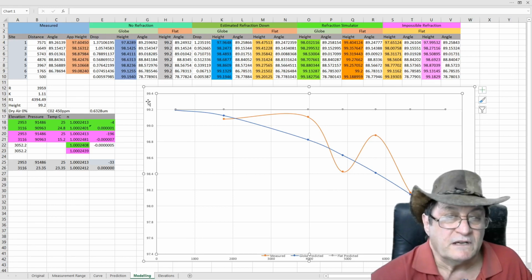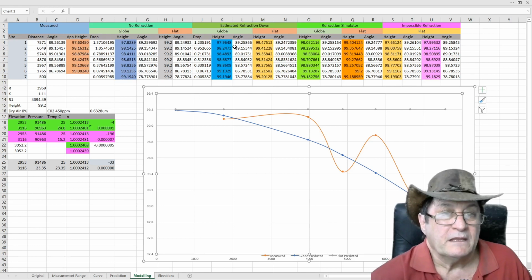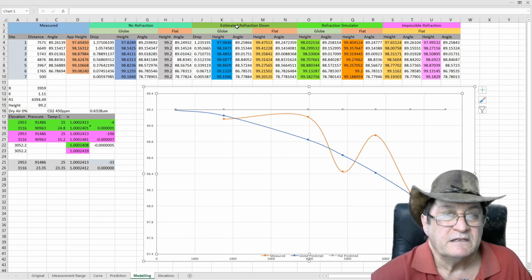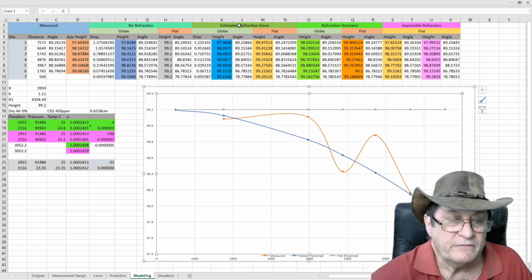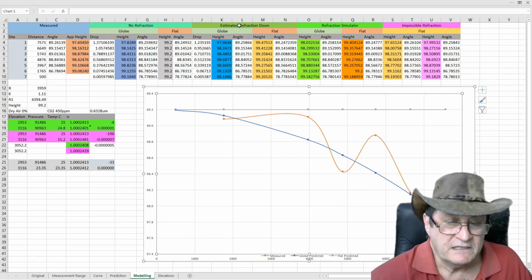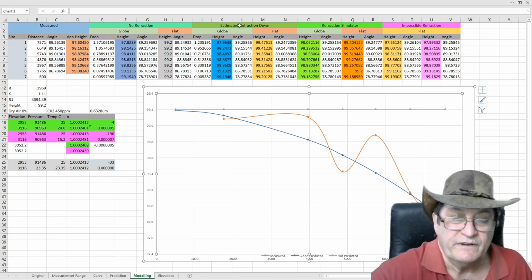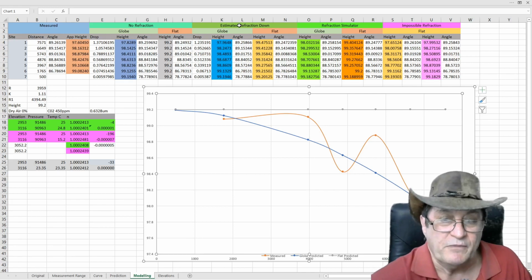So I've also done some estimations on refraction based on JTolan Media's index of refraction comparison type of method.